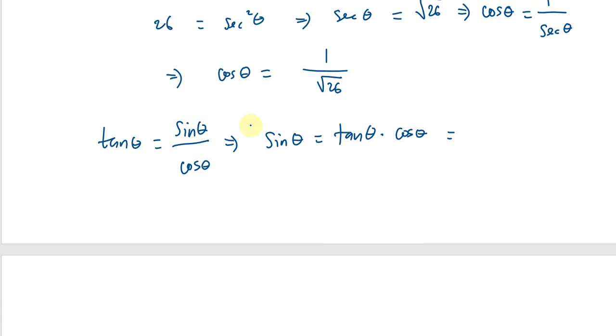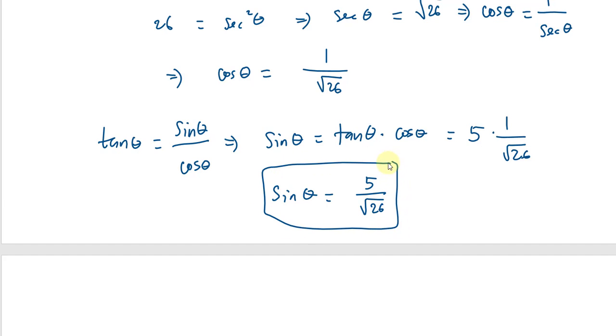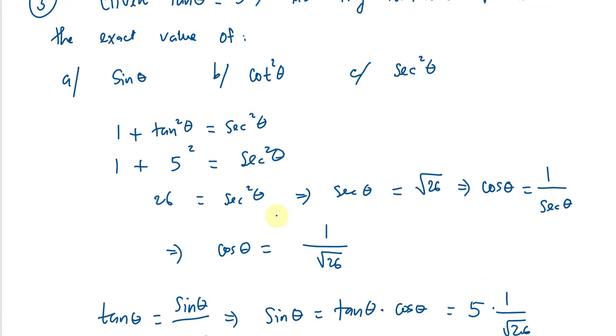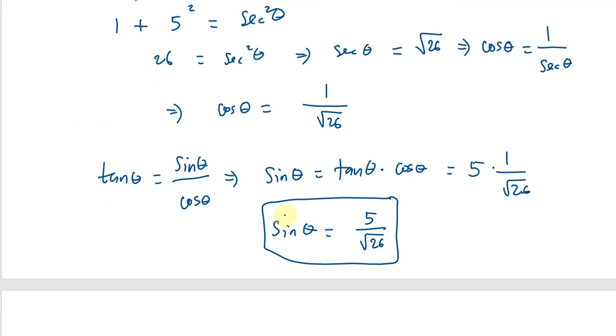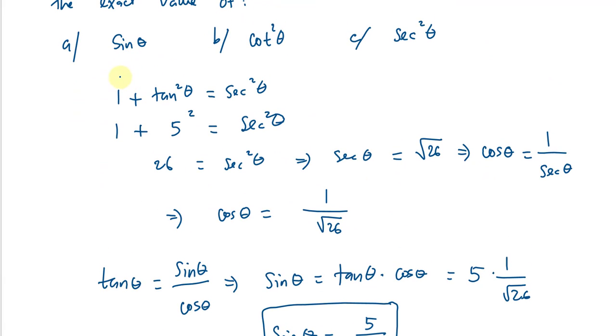Tangent is 5. Cosine we just found here, 1 over the square root of 26, so sine psi should be 5 over the square root of 26. Okay, so that's how we find sine psi from part A.